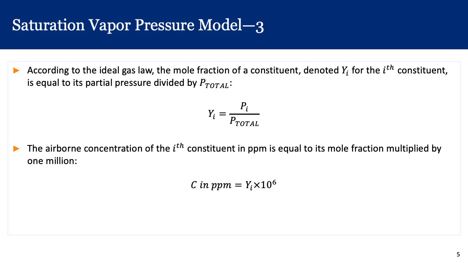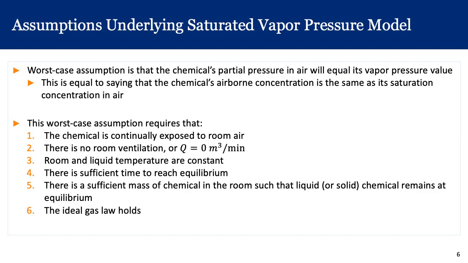And you have encountered this particular equation in the previous lecture when we talked about the rules of thumb. The worst case assumption is that the chemical's partial pressure in air will equal its vapor pressure value. This is equal to saying that the chemical's airborne concentration is the same as its saturation concentration in air.